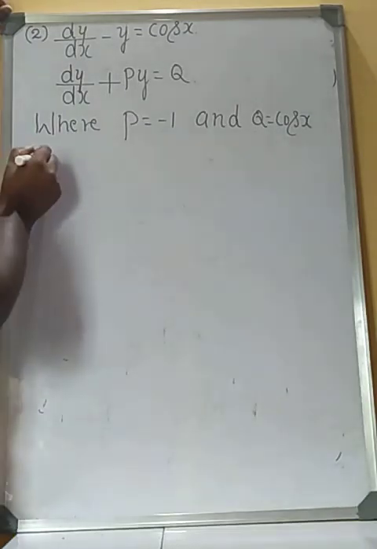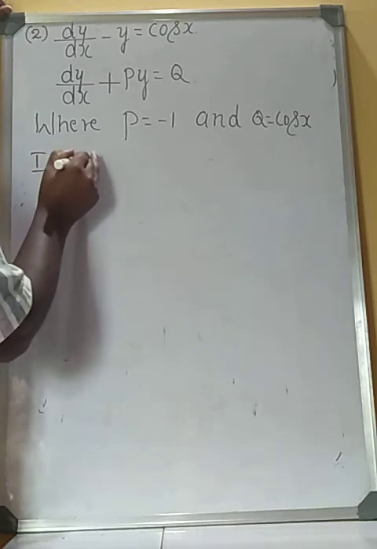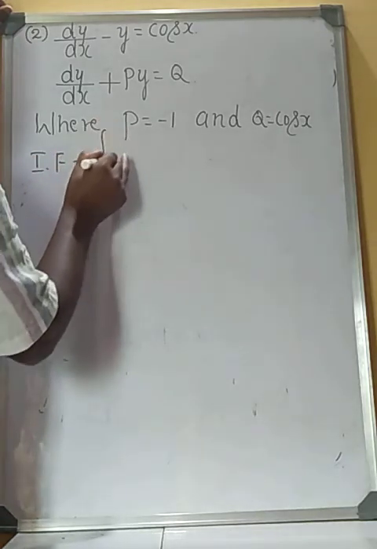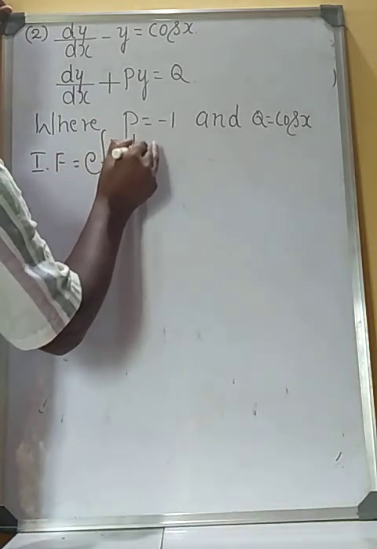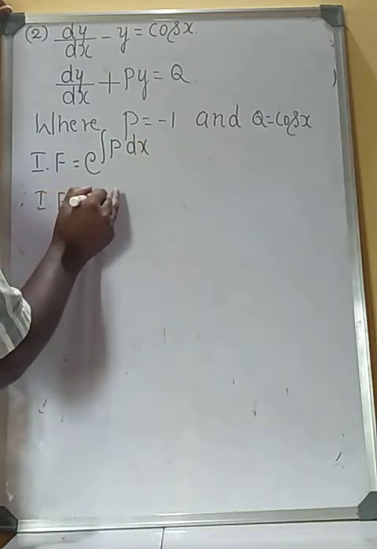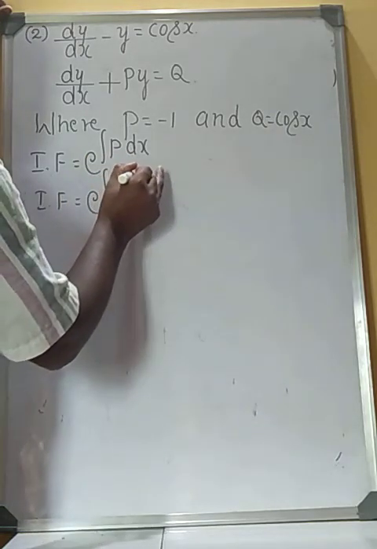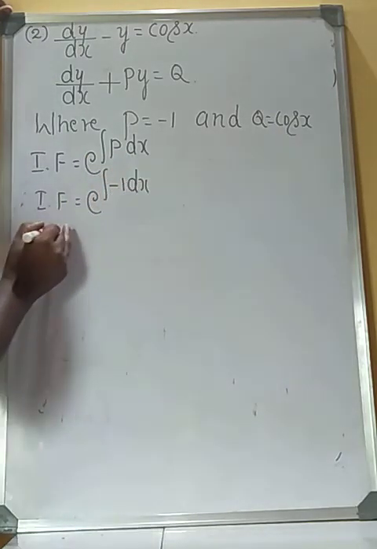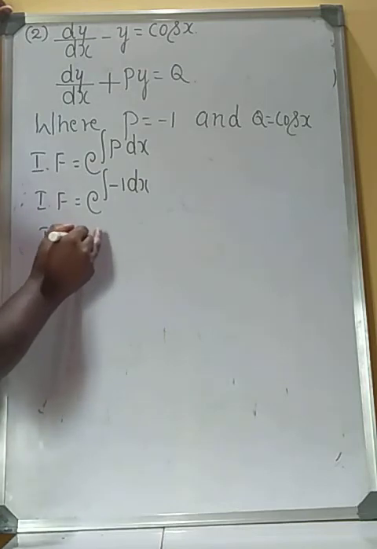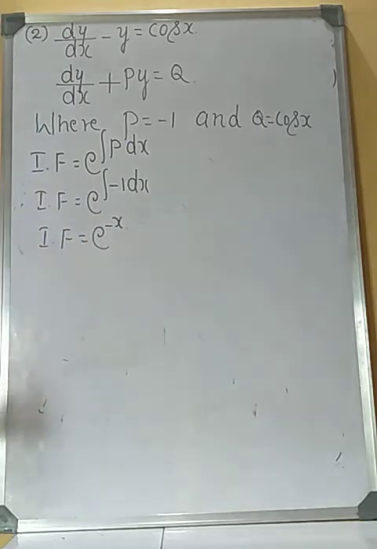Now find integrating factor. Integrating factor is equal to e power integral of p dx. Therefore integrating factor is equal to e power, what is p, minus 1 into dx. Therefore integrating factor is equal to e power minus x.